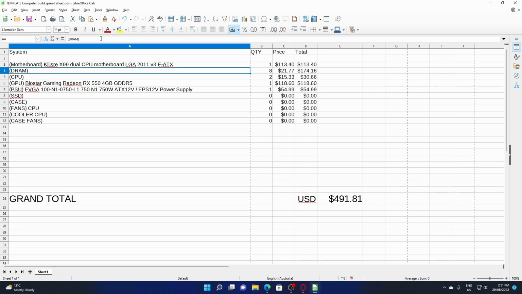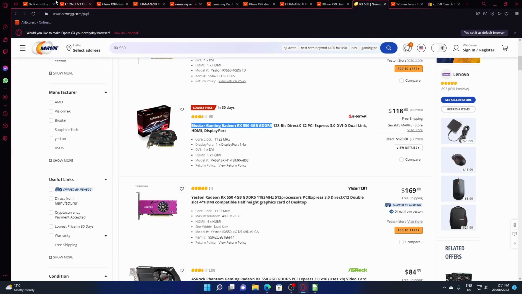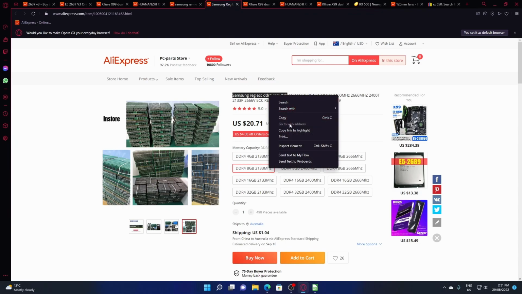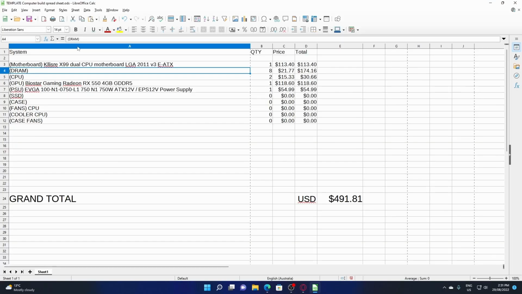For the DRAM, I suppose I should put what we actually put. CPU, we went the E5 2637B3.